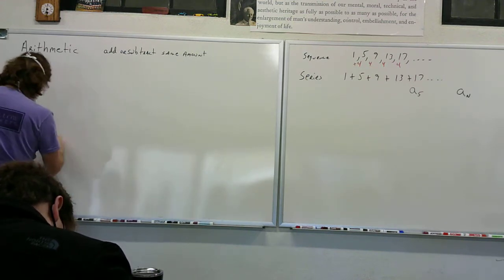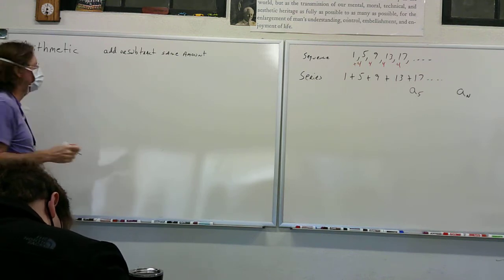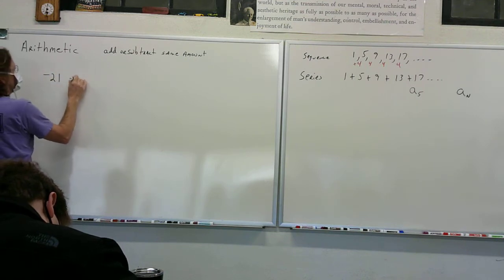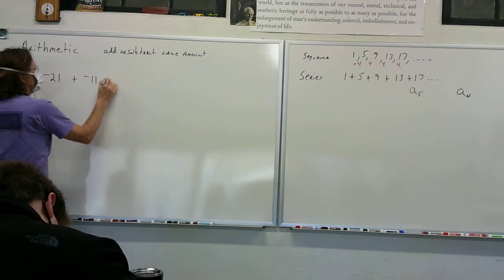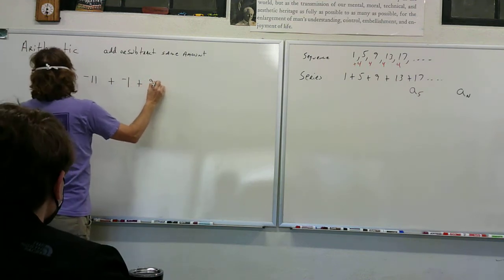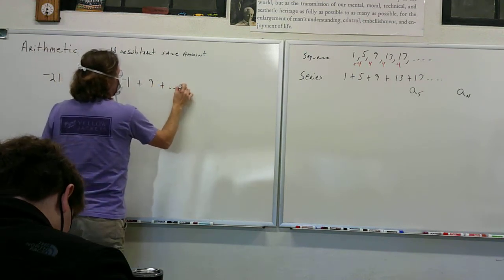I'm going to do this. Negative 21 plus negative 11 plus negative 1 plus 9. That's not what I should have done, but that's okay. Plus dot, dot, dot, dot, dot.